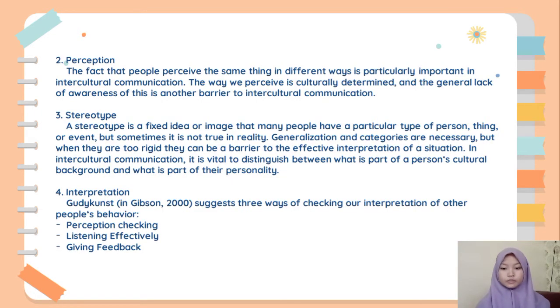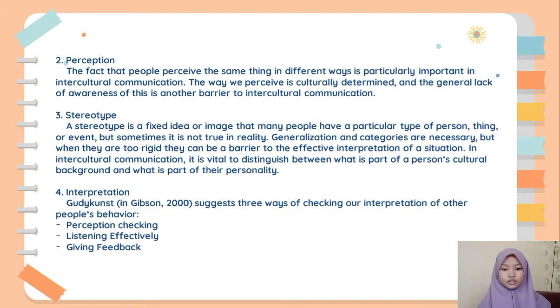Second, perception. The fact that people perceive the same thing in different ways is particularly important in intercultural communication. The way we perceive is culturally determined, and the general lack of awareness of this is another barrier to intercultural communication. Third, stereotype.